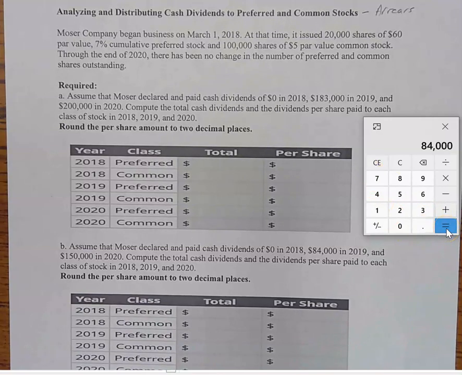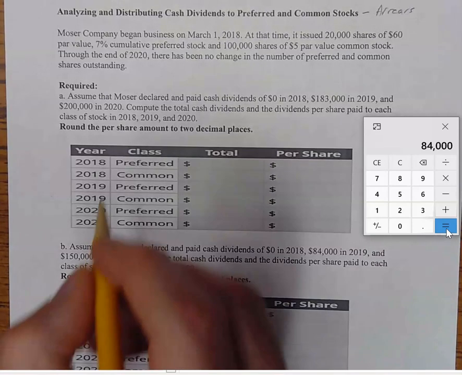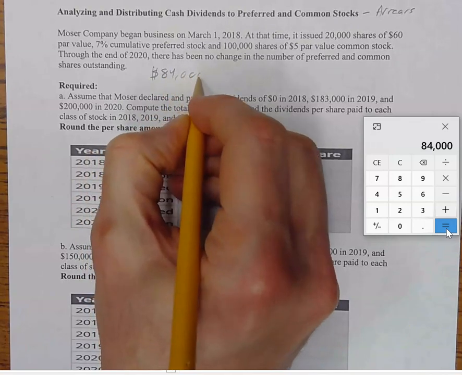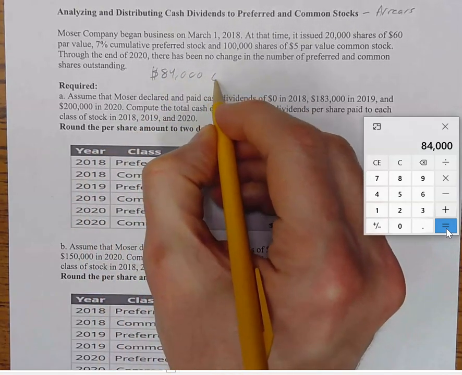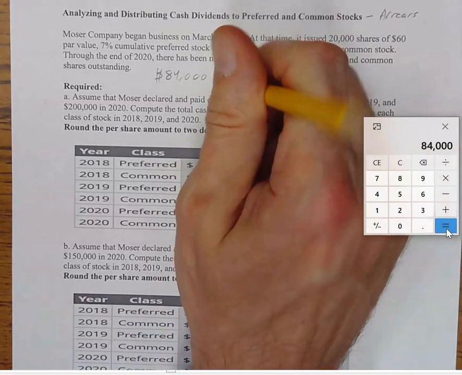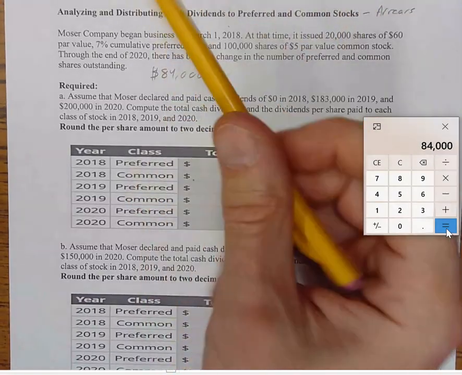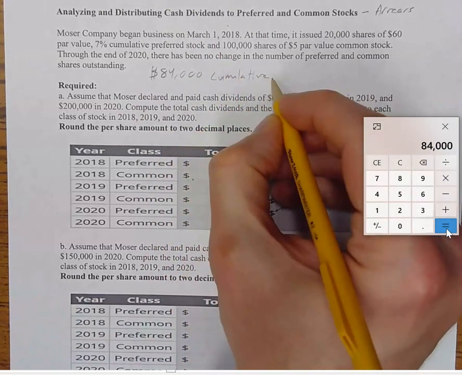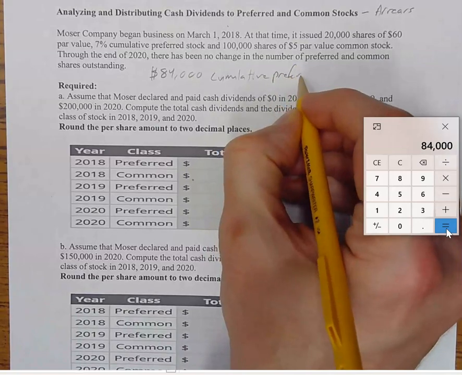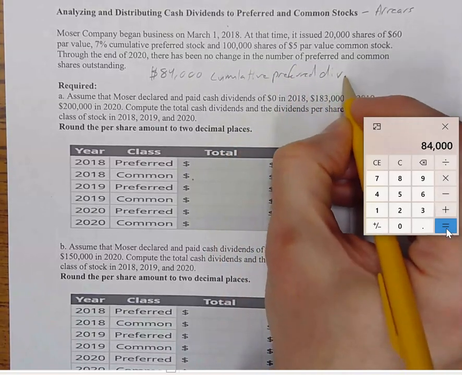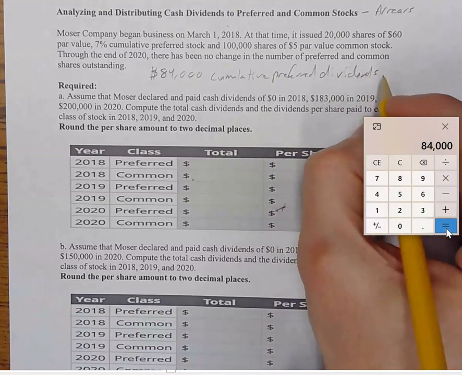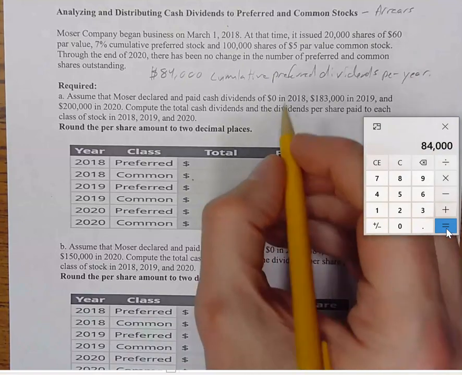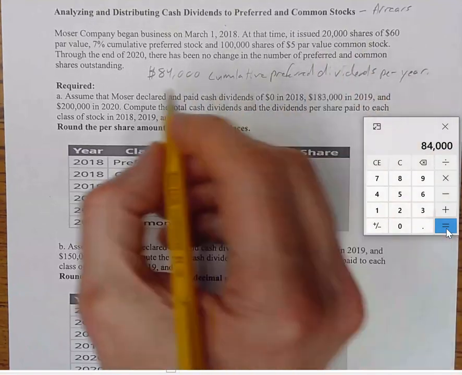So $84,000 is the amount of cumulative preferred dividends per year. We'll just write it out.